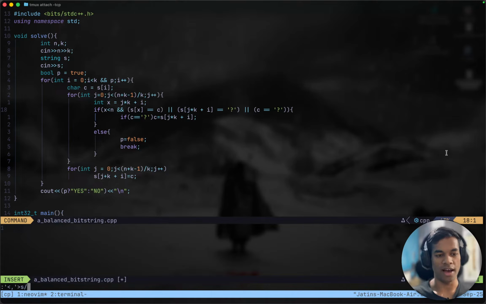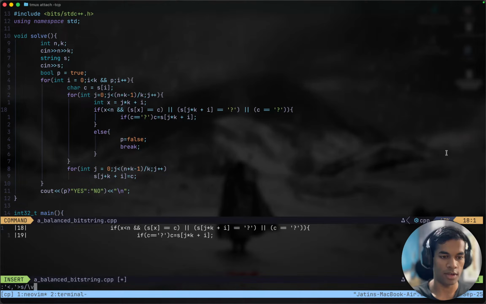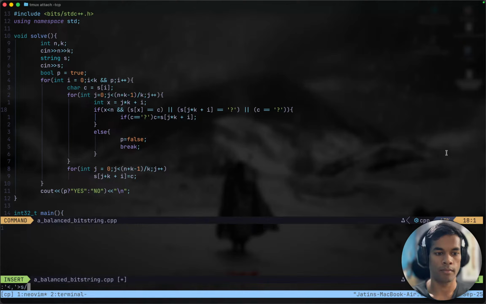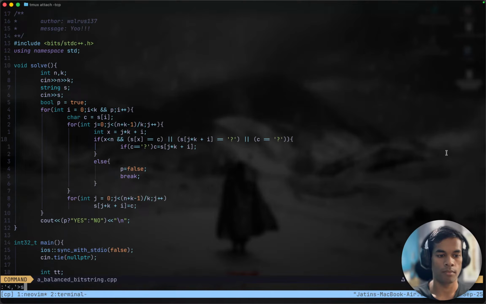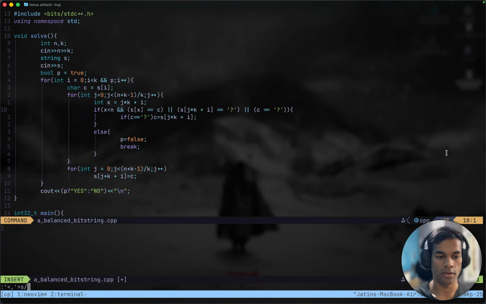Okay, yes, I learned how to do this. Backslash v as in verbatim, slash capital V. Shit.